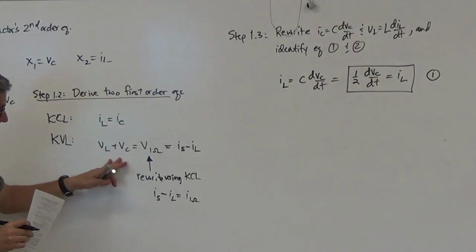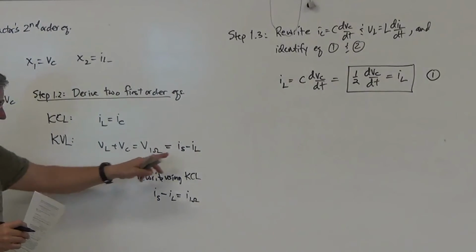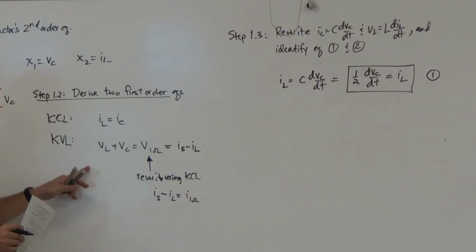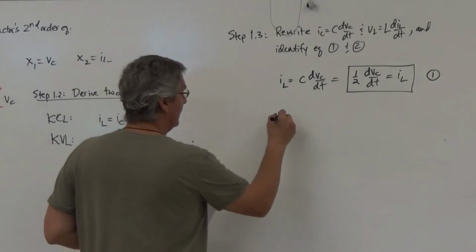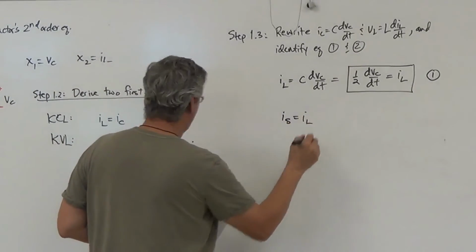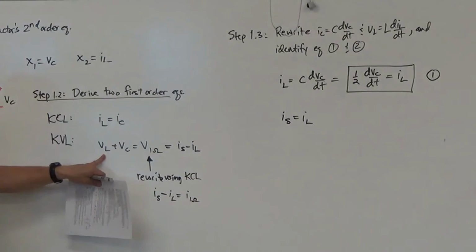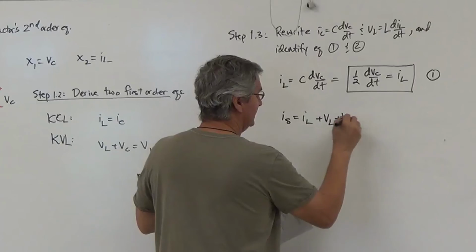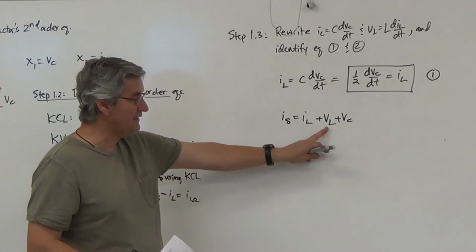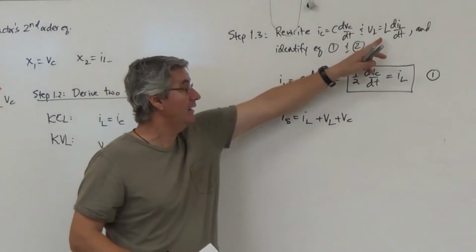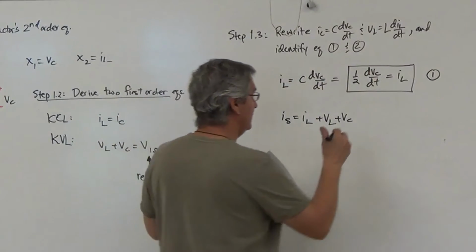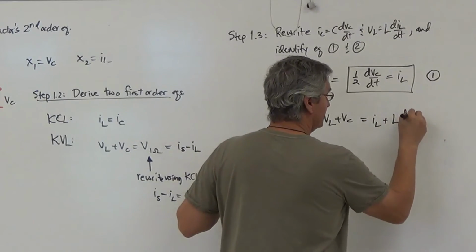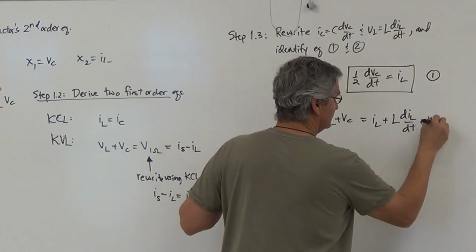If I look at the second equation now, see this IL term? I'm going to bring it to the other side. So if I look at this, IS is going to be IL, then I have two terms, VL plus VC. And so now I'm going to replace VL with this term, L di/dt, which will be IL plus L di/dt plus VC.